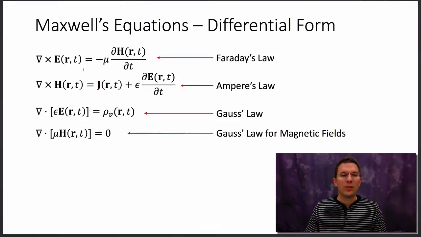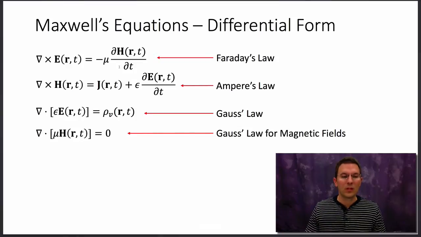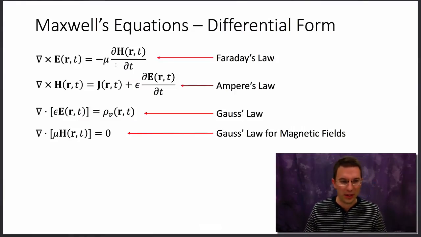Well, let's see what happens if we consider the time-invariant case. In other words, if we allow all of these derivatives with respect to time to go to 0. Let's see what happens. Well, clearly this term is going to fall out. We're going to have a 0 on the right-hand side here of Faraday's law.